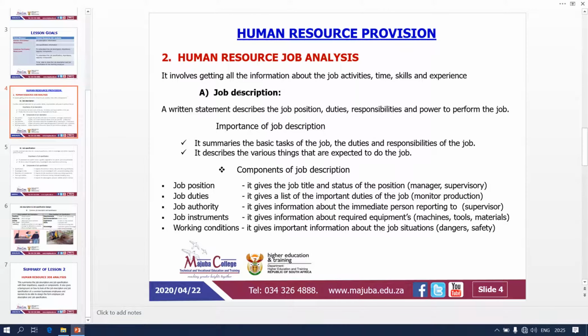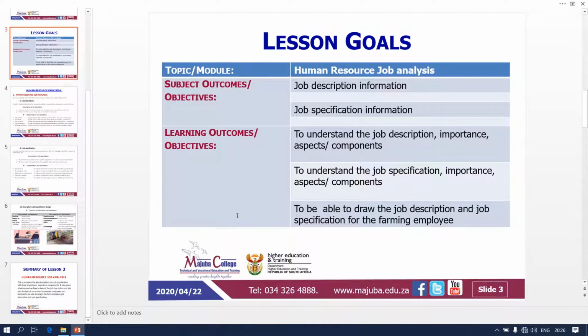We also looked at the job description: what is it, the importance, together with its elements, which are the aspects of job description under job analysis. As I mentioned, we only have 2 that we need to cover here. Once we cover that under job analysis, we are okay.